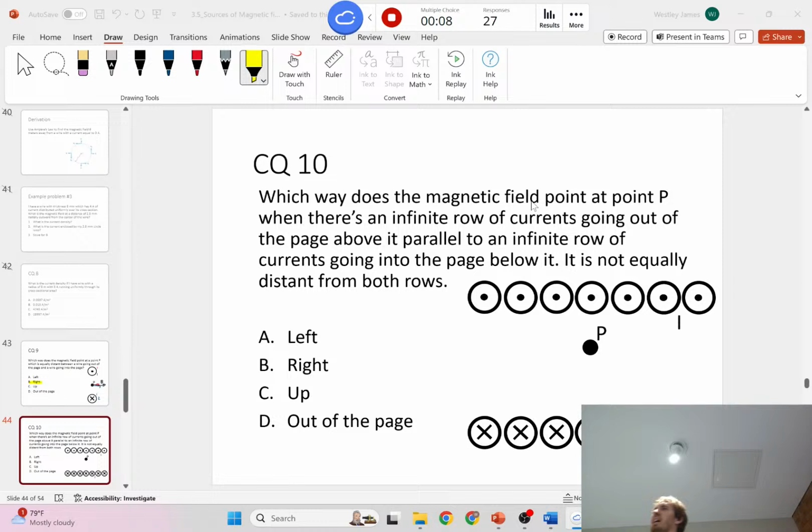If I have a heck of a ton of loops of wire, just stack them. What is the direction of the magnetic field inside them? So yeah, this one's a loop of wire, this one's a loop of wire, loop of wire, loop of wire, loop of wire, and we're inside the wire. It's like a slice of it.